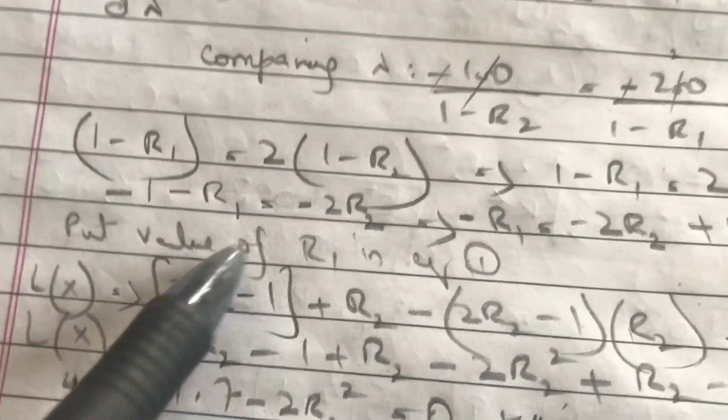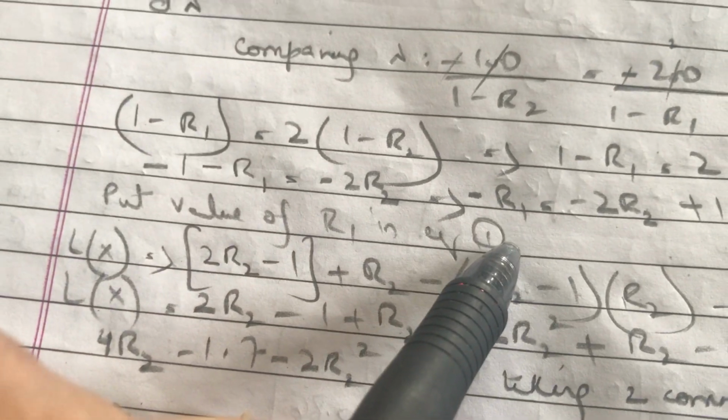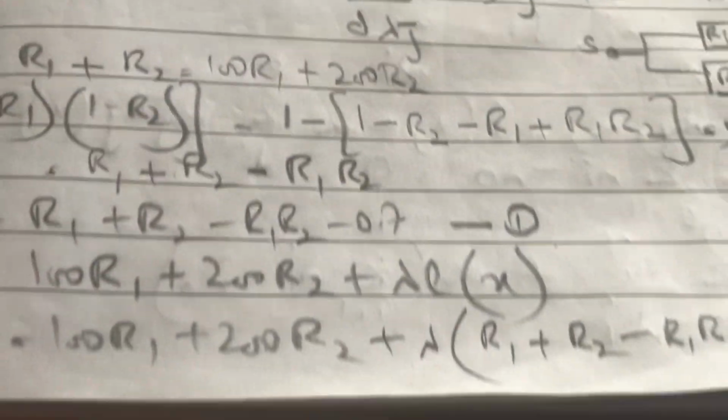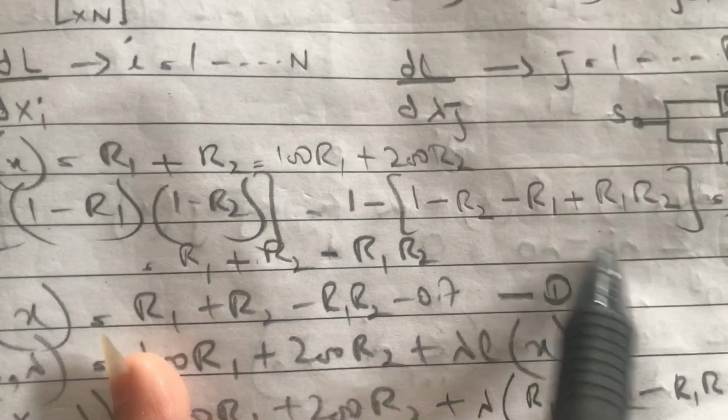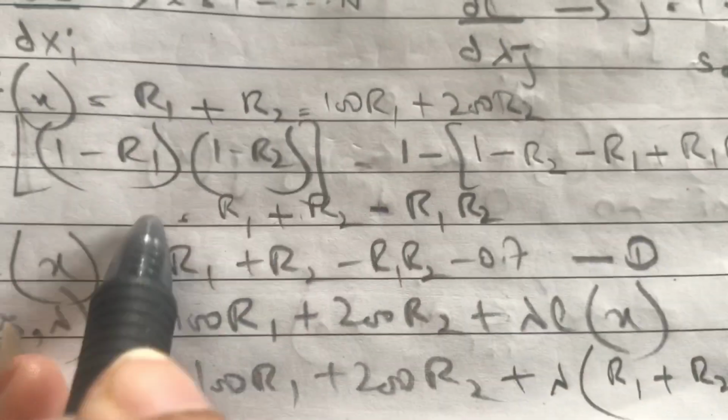Now what we are going to do is put the value of r1 in equation 1. We have got this r1 value, and we put it in equation 1. And where is our equation 1? Let's have a look. Yes, we named this equation 1. So now we have to put our r1 value in this equation.